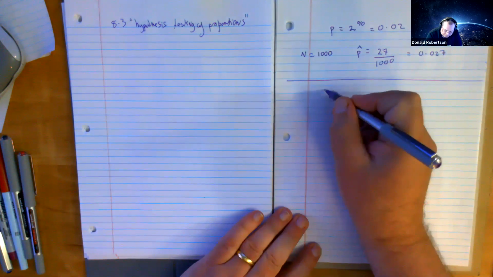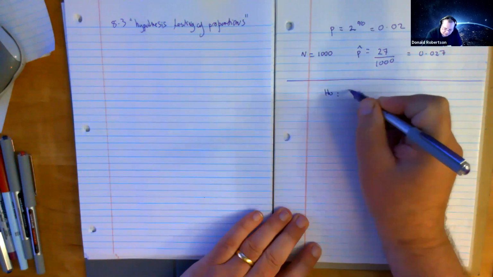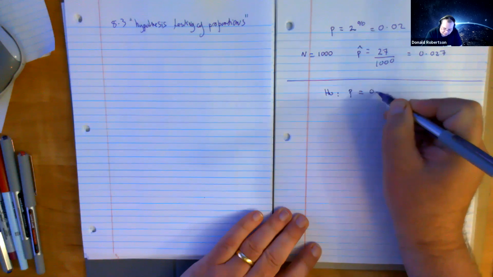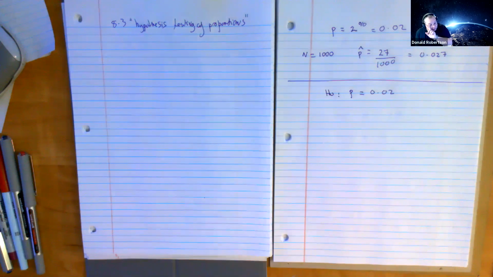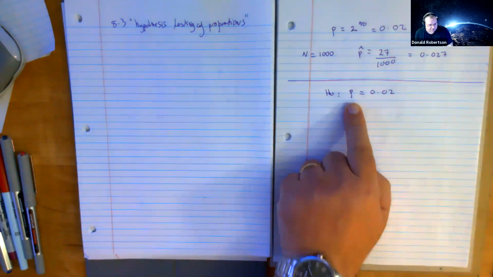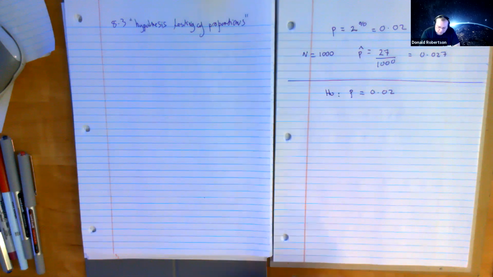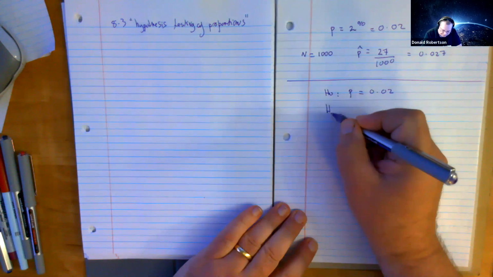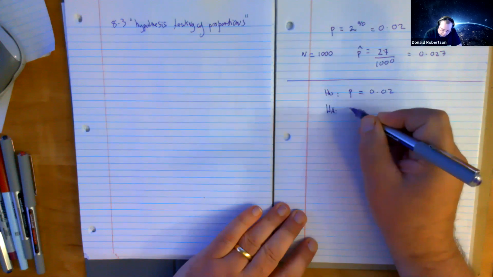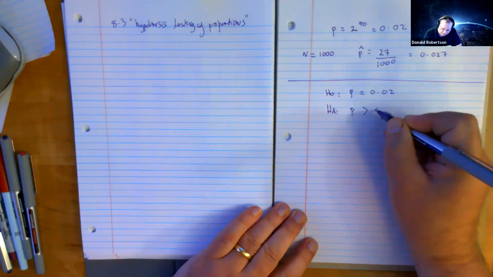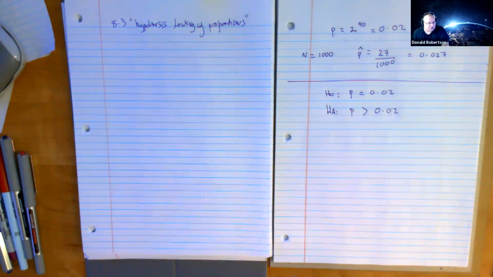So H naught, P equals 0.02. Do you see we now use P, not mu? We're talking about the population proportion, P. Great. And then we're going to get the alternate. And in this story, don't we think it's increased? So this would be a right-tailed test.